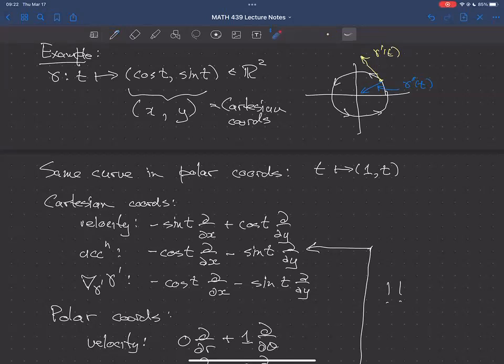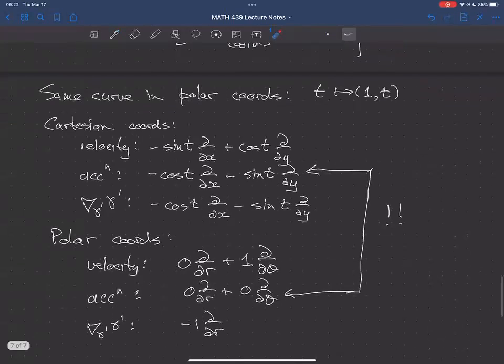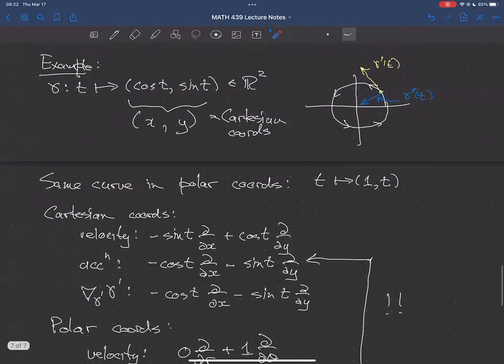And that's what this formula is telling us. But when we represent the naive acceleration in polar coordinates, the naive acceleration is actually 0, just the second derivatives of these. So this is the naive acceleration in Cartesian coordinates, but not in polar coordinates.